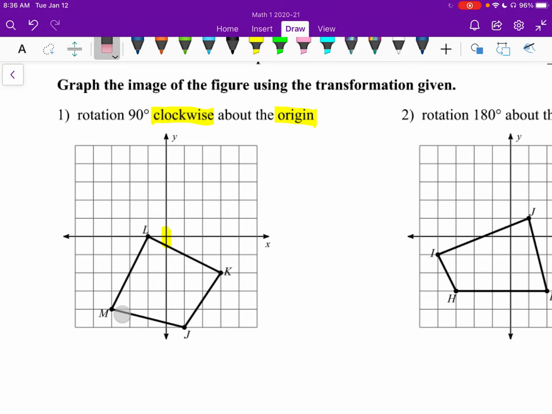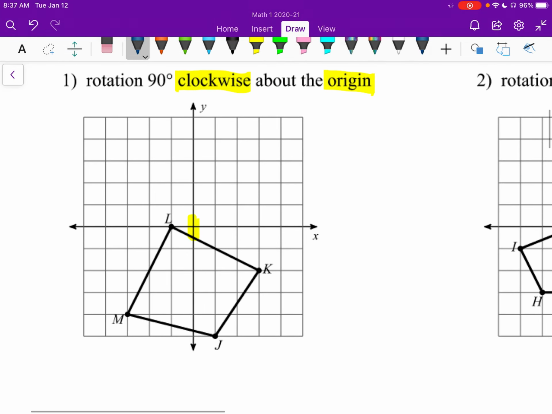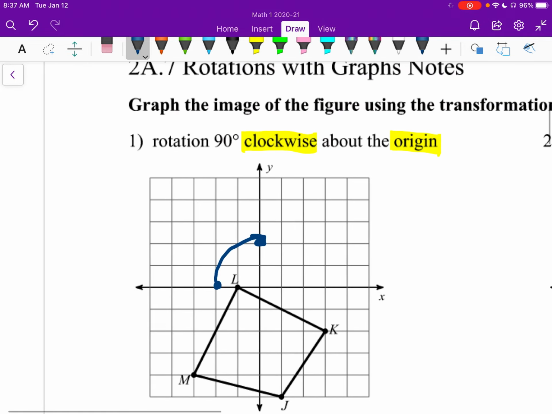So let's think about this. Point L is pretty easy to think about rotating, right? We're rotating 90 degrees, so 90 degrees would go like from this line to that line, right? There are 360 degrees in the whole thing. I don't know if I've told you that before. So there's 360 degrees, right?